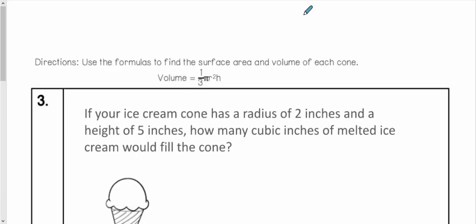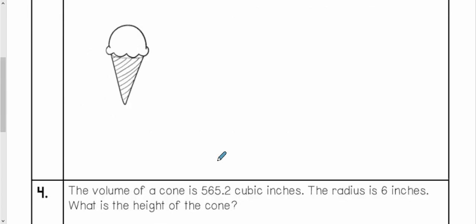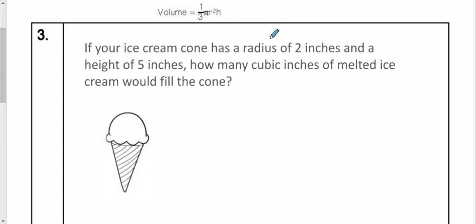Okay, and the very last page has working backwards a little bit for one question, but if you had an ice cream cone with a radius of 2 inches and a height of 5 inches, how many cubic inches of melted ice cream would fill the cone? So not this top part, just inside the cone.